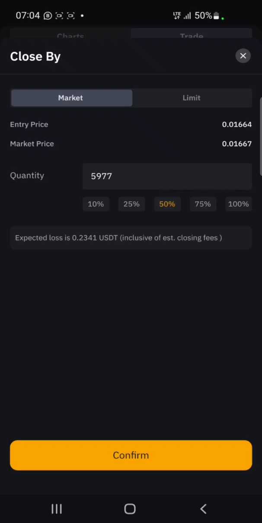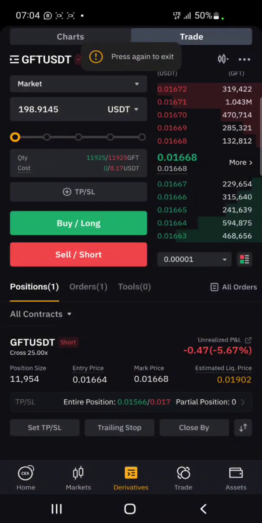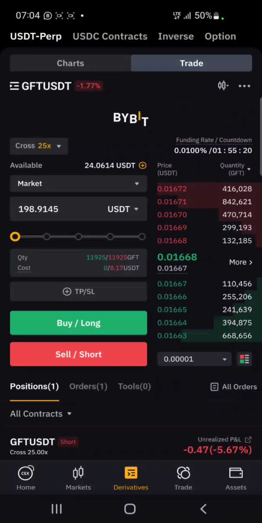Let's say you're already having a profit of $50. If you click on 50%, then you confirm, that means you are securing part of your profit. But if you are in profit already, I always tell you to move your stop loss to break even. So make sure you watch this video carefully and understand.